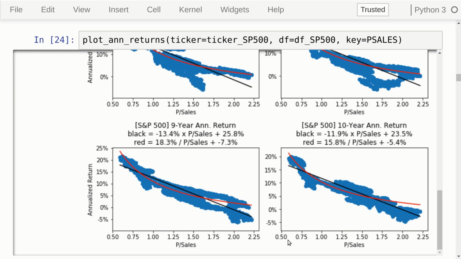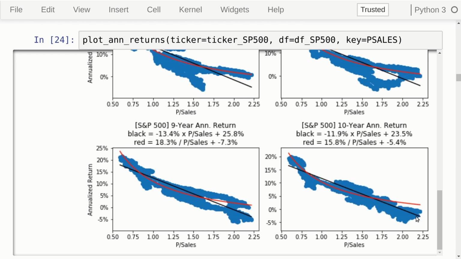This confused some people. This is for the entire S&P 500 index in aggregate. So we have the price-to-sales ratio here on the x-axis, and we have the annualized return over the following 10 years. And what we saw was a relationship quite clear and quite strong that we could use the price-to-sales ratio as a predictor for the annualized return over the next 10 years.